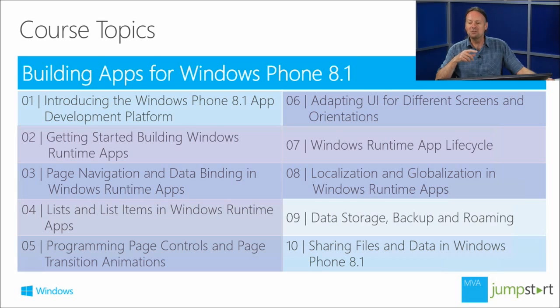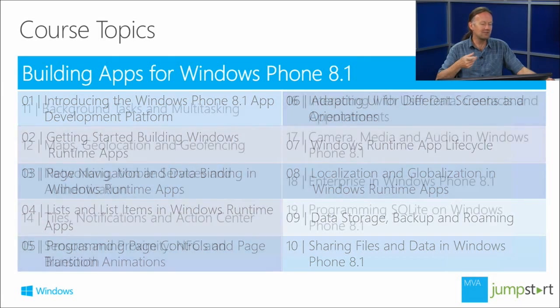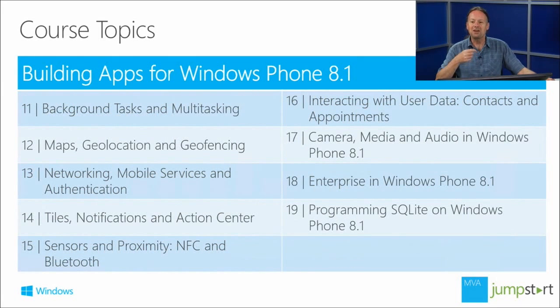We looked at data storage, backup and roaming, and sharing files and data at the end of day 1. And then on day 2, we went on to talk about all sorts of interesting topics. These are all Windows Runtime APIs that are available to Windows Phone 8.1 and also to Silverlight 8.1 developers.